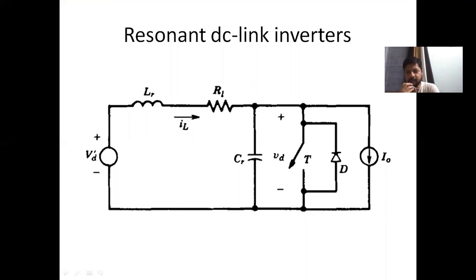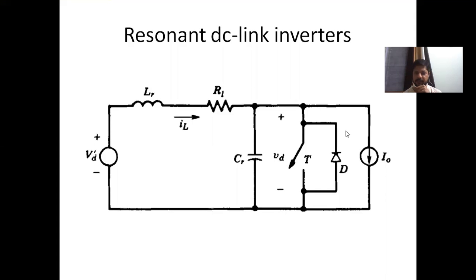What will happen here is the voltage will fluctuate between 0 and a maximum value, so that whenever the voltage is 0, switchings will take place in the inverter circuit. So in this resonant DC link inverter, you obtain zero voltage switching because of the resonant circuit introduced between the supply and the inverter.